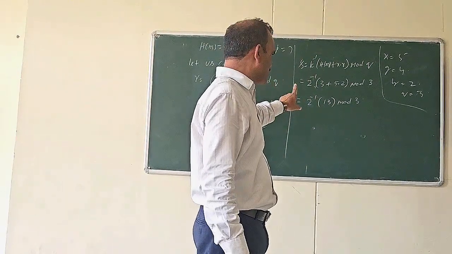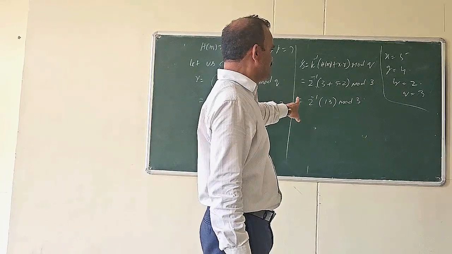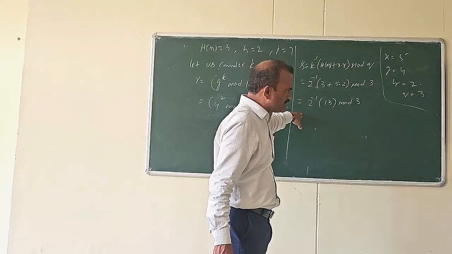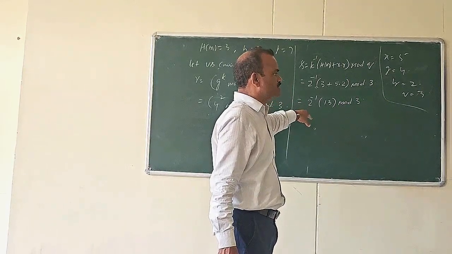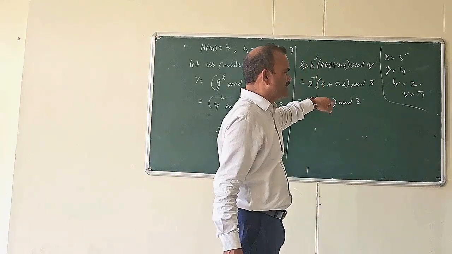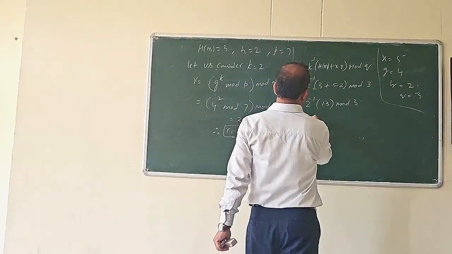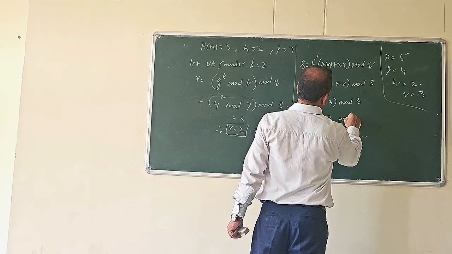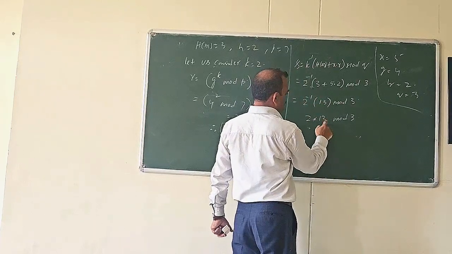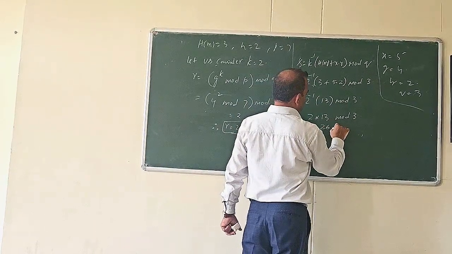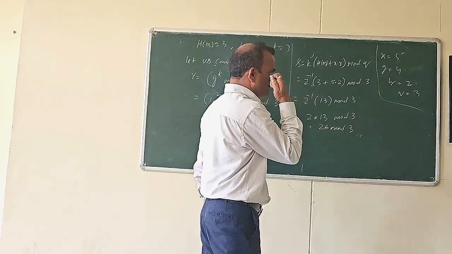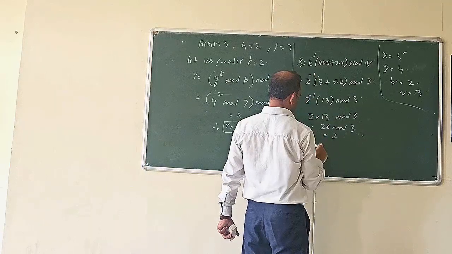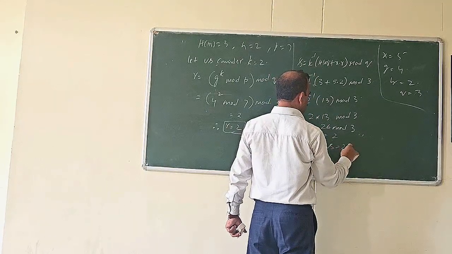One more time I repeat, if you take any multiplicative inverse, any number multiplied with this number modulo 3 should give 1. So here 2 into 13 mod 3, so 2 into 13 is 26 mod 3. What is the value of 26 mod 3? Here it is 2. Now, therefore, s equals 2.